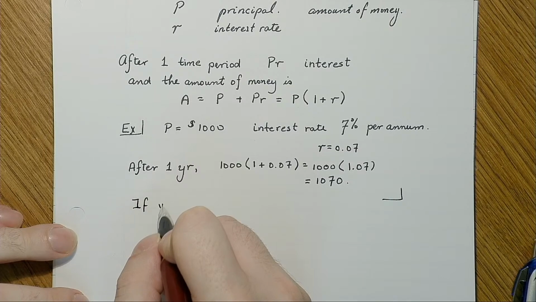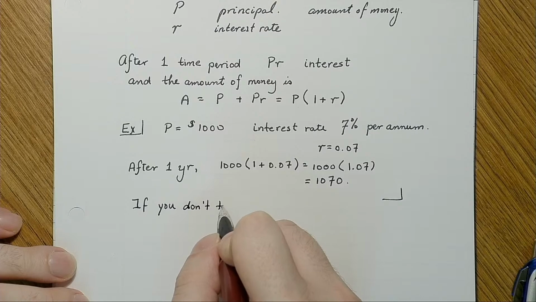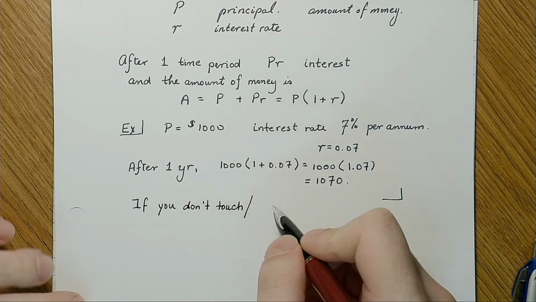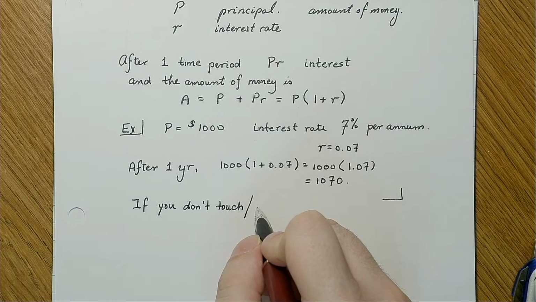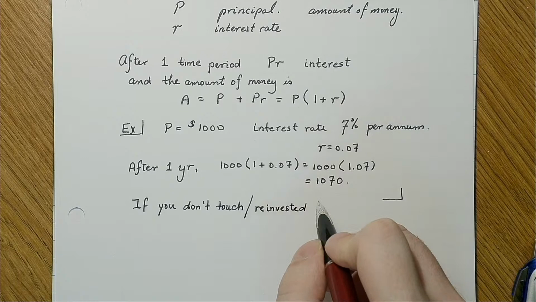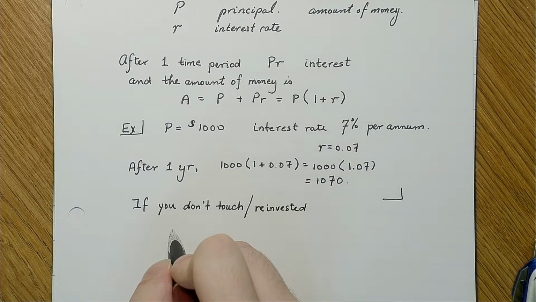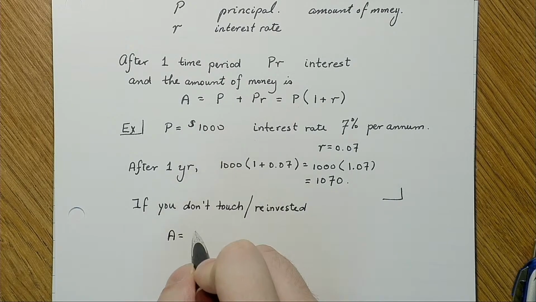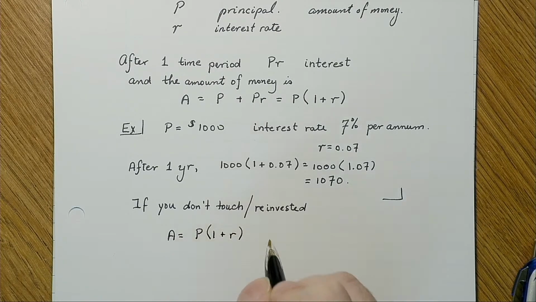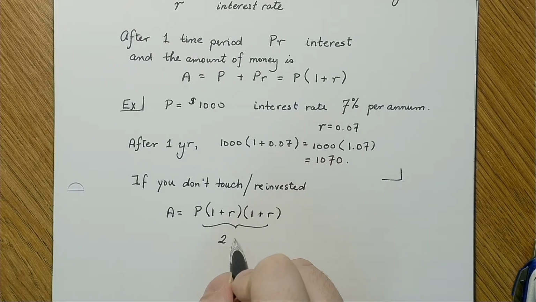If you don't touch it, it's reinvested. The new principal would be, you'd have 2 periods. So you'd have P times 1 plus R times 1 plus R. So again, that would be for 2 time periods.